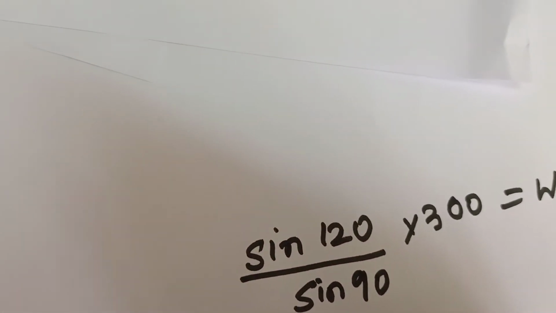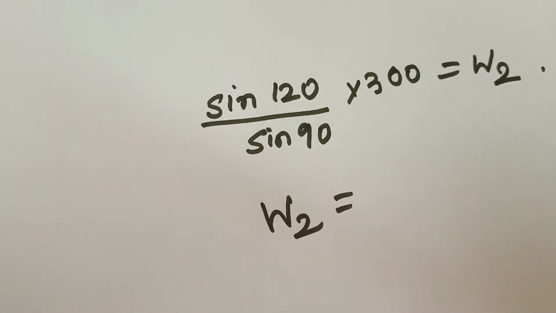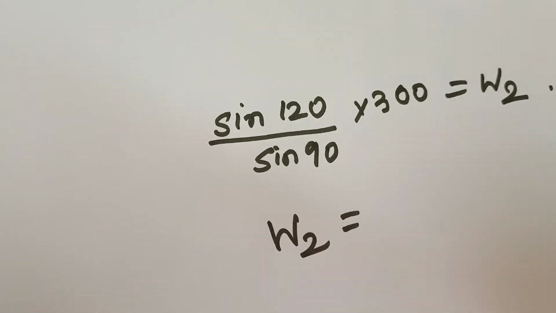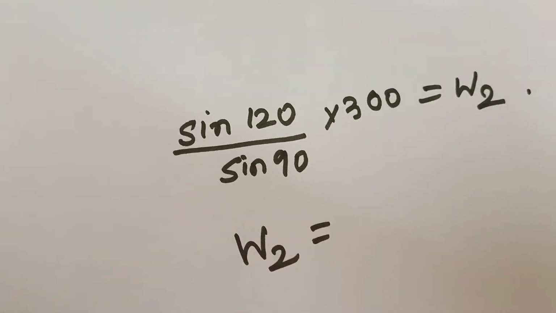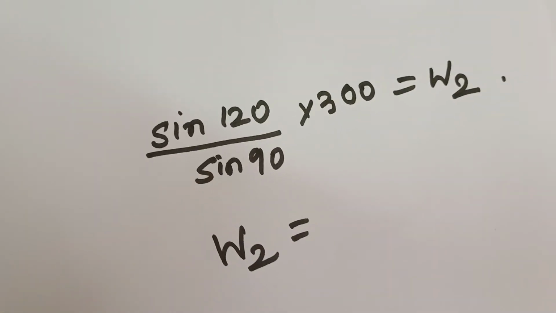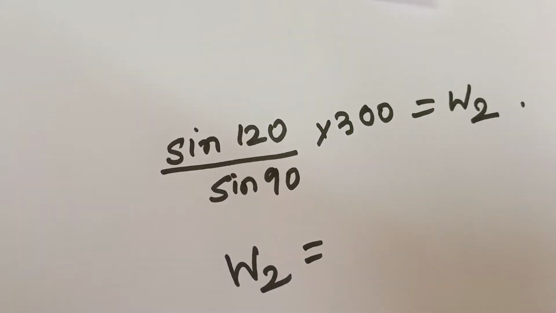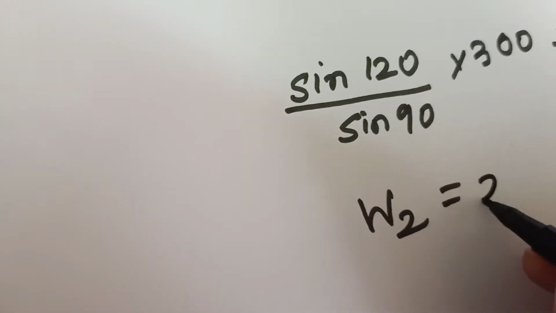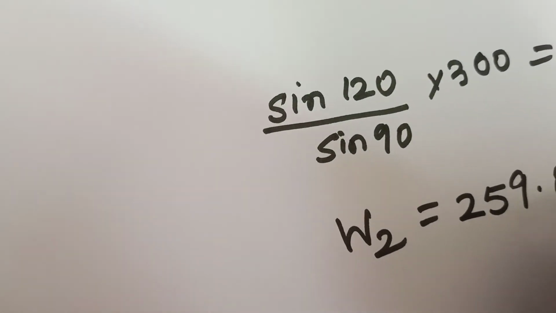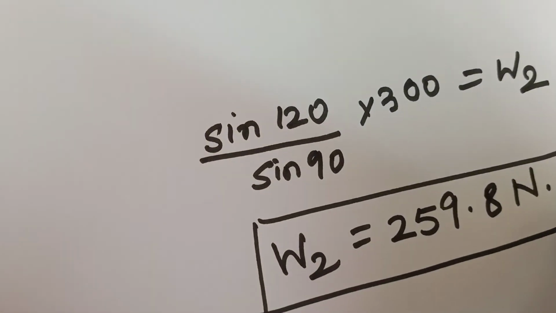So W2 is equal to sine 120 divided by sine 90, which is 1, multiplied by 300. So we get the answer as 259.8 newtons. So W2 we have calculated.